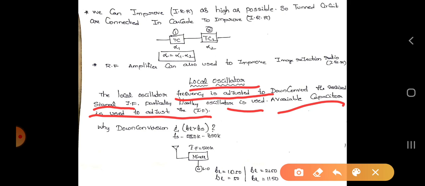For the local oscillator, we can use either a Colpitts oscillator or a Hartley oscillator. As you know, a Hartley oscillator consists of a series of inductors in parallel with a capacitor. And if you see our radios, it has a tuning knob, right? This tuning knob is nothing but a variable capacitor.